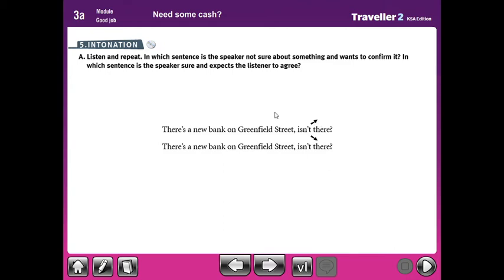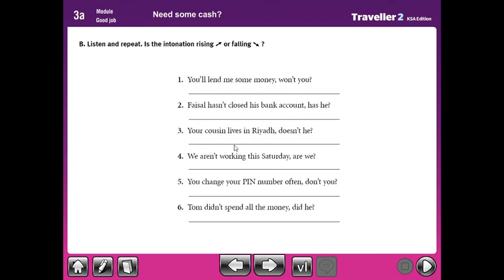So here the speaker is sure and expects the listener to agree. When the intonation is falling, it means that he is not sure about something and wants to confirm. Listen to each sentence and then decide if the intonation is rising or falling.